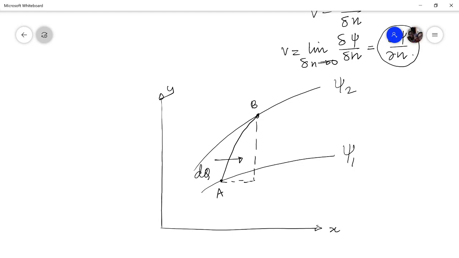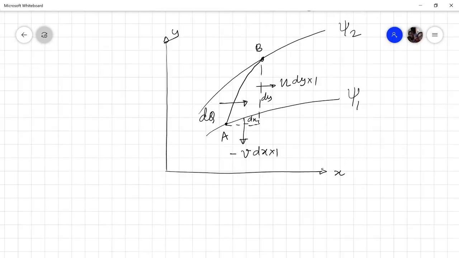That is given by what? The x direction velocity is u and this is the y direction. So let us say this is dy and this is dx. So it is u dy into 1. And in the y direction, downwards, it is minus v dx into 1.